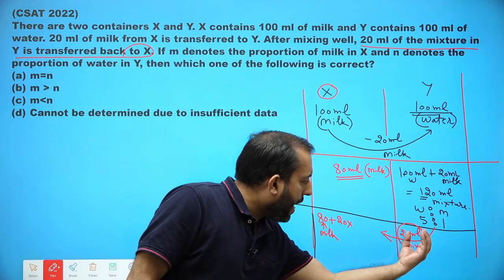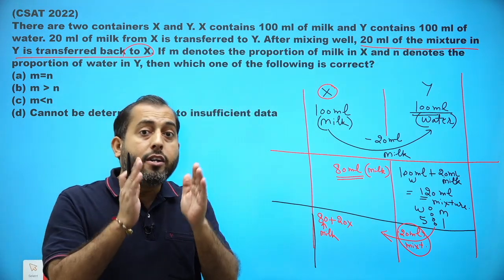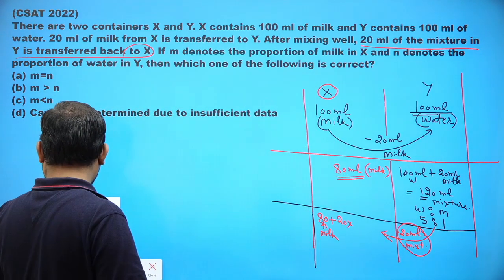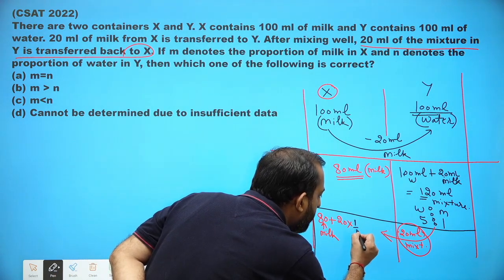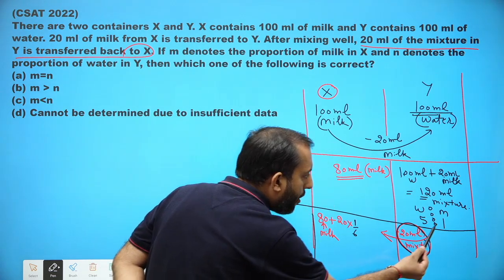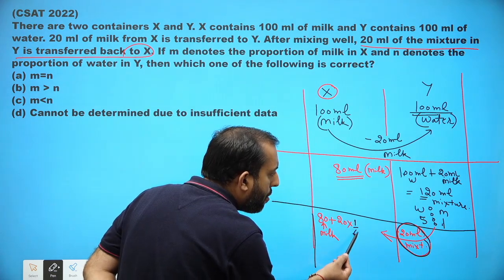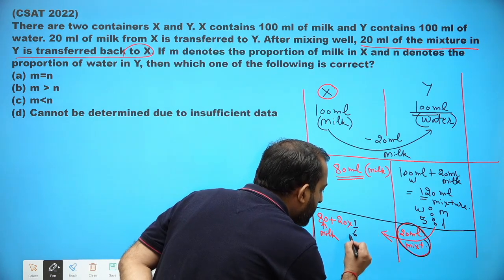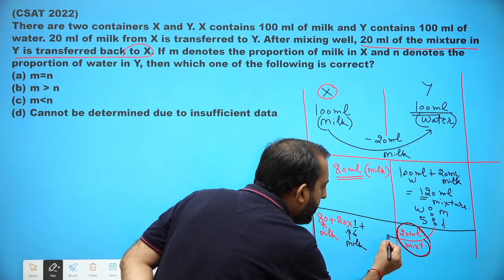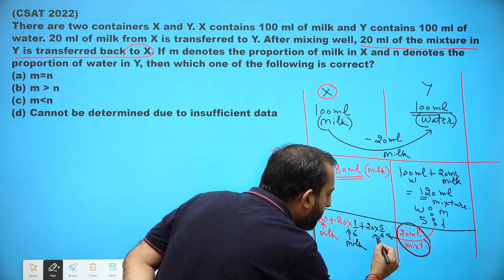So the fraction of milk will be 1/6. Why? Milk is 1, water is 5, total is 1 plus 5, that is 6. So milk is 20 into 1/6, and the remaining part, 20 into 5/6, will be water.